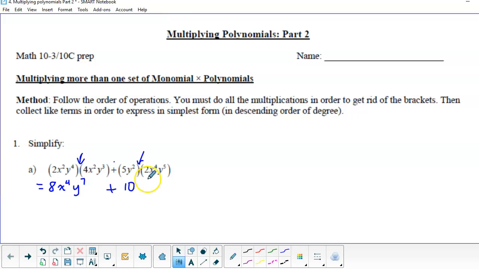There's no x in the first, so I'm just going to copy out the x to the 4th. And y squared times y to the 5th is y to the 7th. If you take a look, these are like terms. They have the exact same variables with the same exponents. So 8 plus 10 is 18, x to the 4th, y to the 7th.